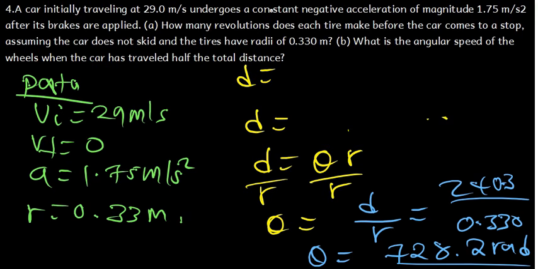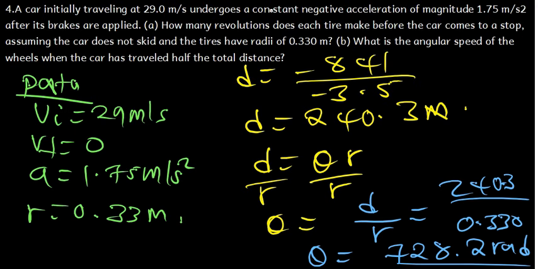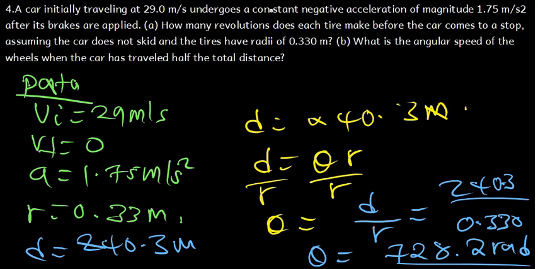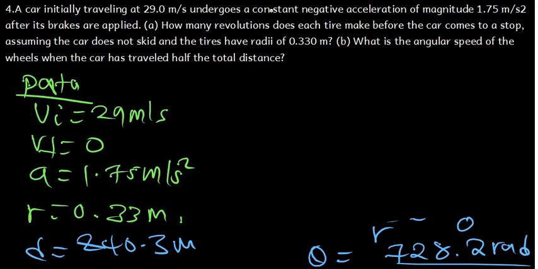Okay, so to convert this, we are going to say that is the distance now in rad. We have found that in meters the distance is 240.3 meters. The question is, we need to put our answer in revolution. So we have 728.2 rad.